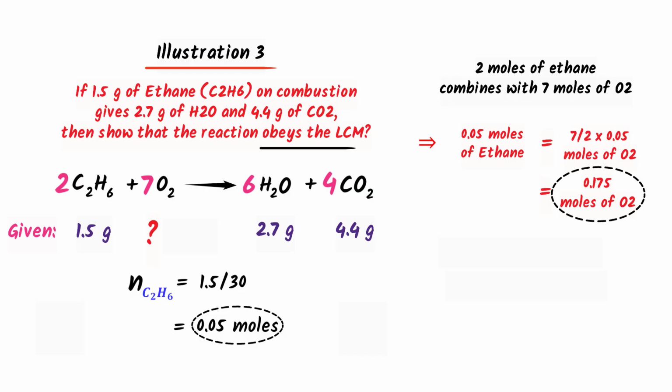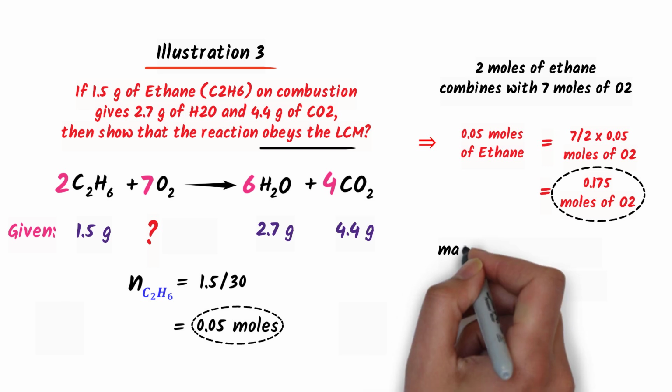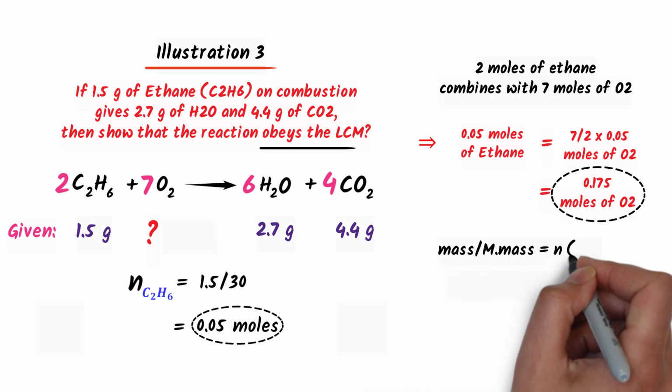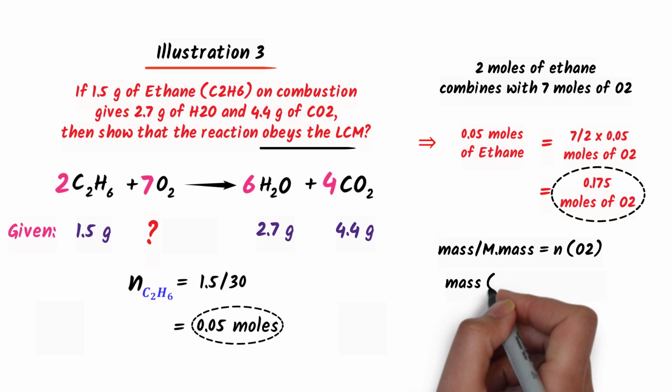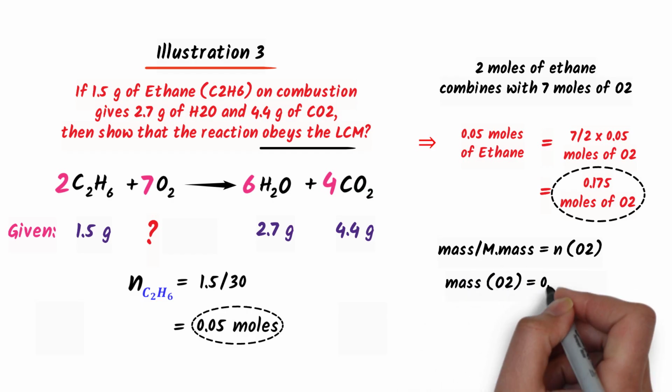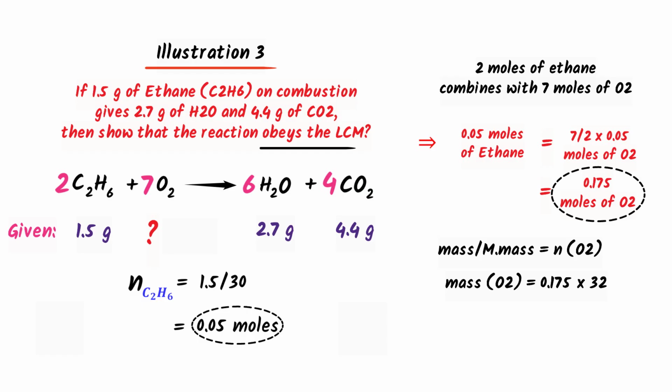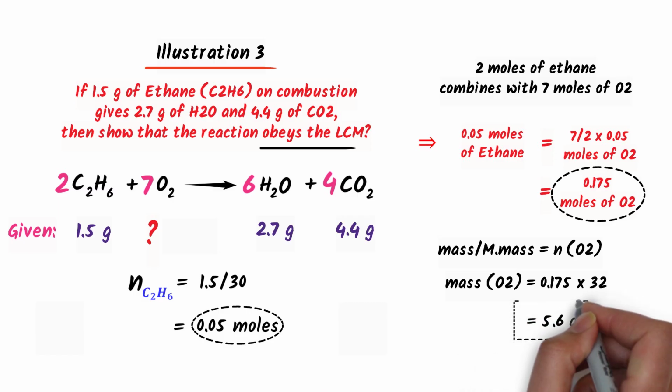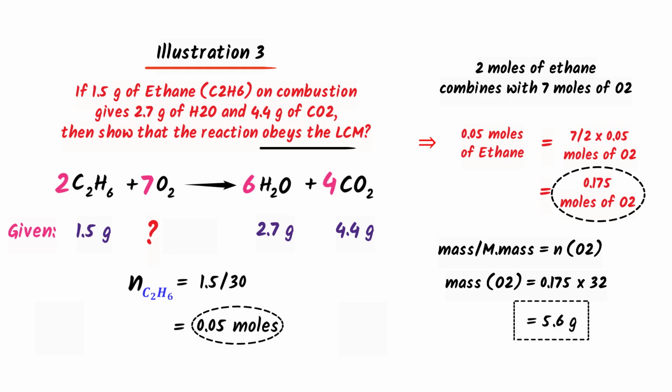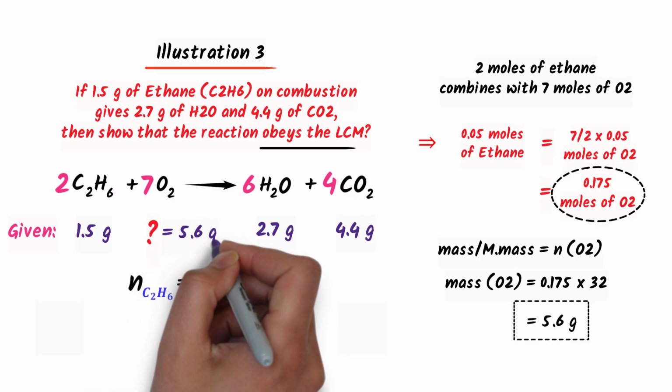From this, the mass of oxygen can be calculated as mass by molar mass will be equal to number of moles of oxygen. Mass of oxygen will therefore be equal to 0.175 multiplied by 32, because 32 is the molar mass of oxygen, and that boils down to 5.6 grams. Therefore, the mass of oxygen that combines with 1.5 grams of ethane is actually 5.6 grams.